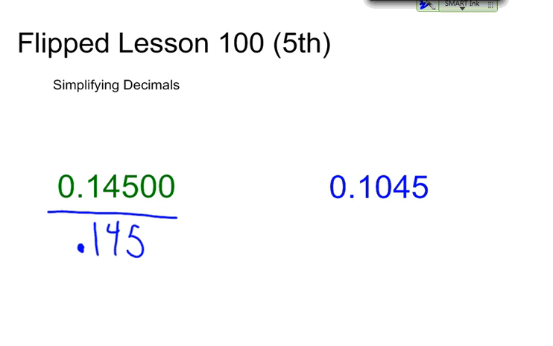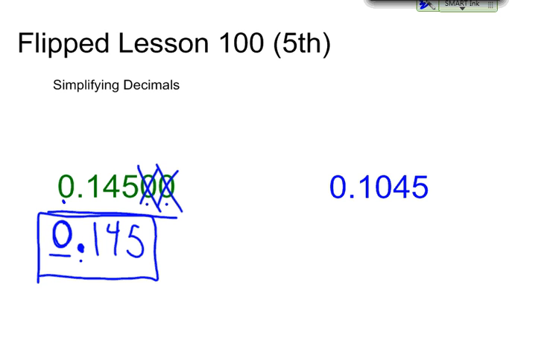If we look at this zero to start, it's probably a good zero to have because it helps us understand that the 0 represents the ones place, and then we have our decimal point, so that one's good. But as we look at these two zeros over here, we realize they really don't add value. Technically we don't need to see those zeros in our number, so normally we would just write 0.145.